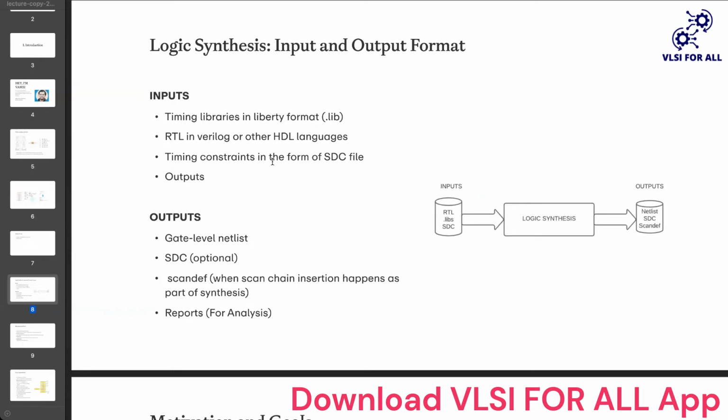Like that, you have multiple constraints. Once we go deeper into what the constraints are and how they can be written, you will understand very well. But for now, just understand that every design is subject to some constraints, and you have to adhere to those constraints and see that you meet your design requirements.